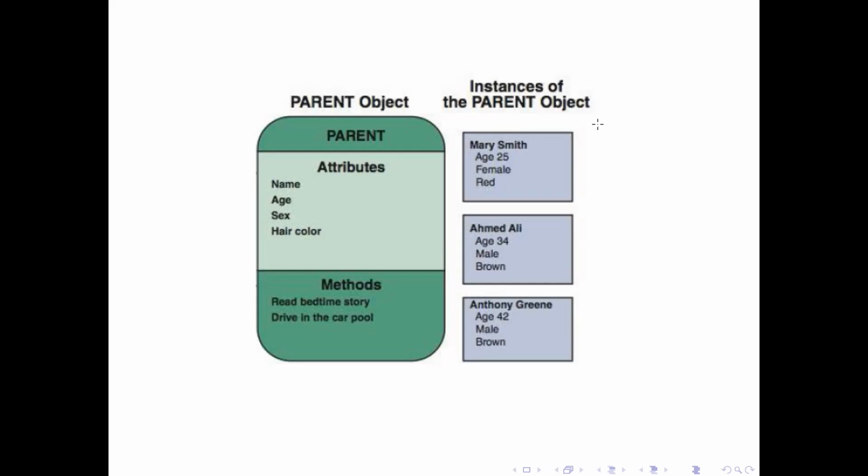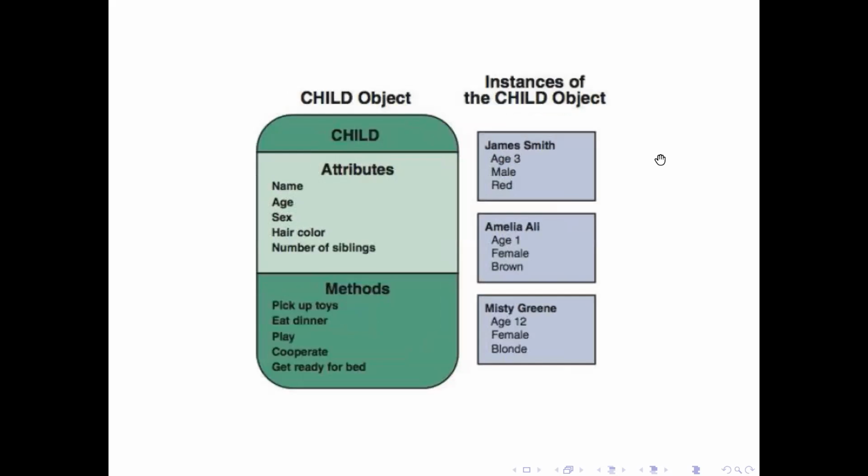When you take particular instances of that parent object, for each attribute you have a relevant attribute value. For name, the first instance is Mary Smith, the age is 25, she's female, and the hair color is red, and so on. Here we can have 3 instances which correspond to this parent object.